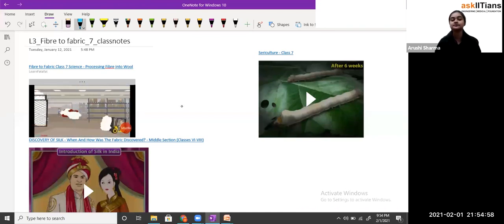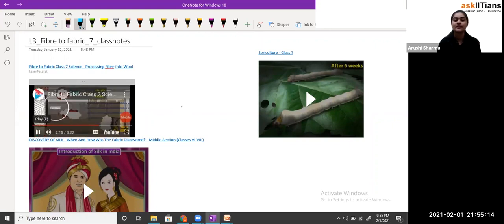After scouring, the next step is sorting. In this step, the clean fibers are taken to the factory where they are separated according to texture, such as length and color. So the third step is the sorting step.